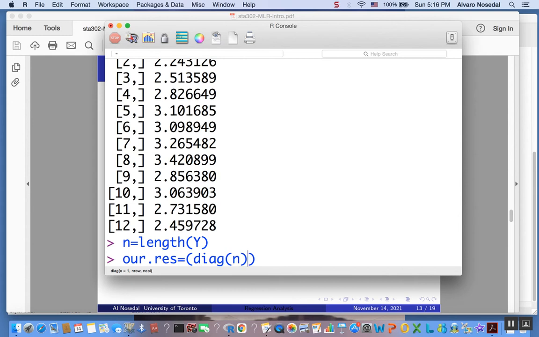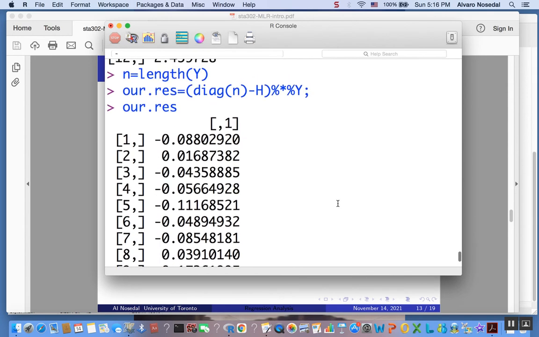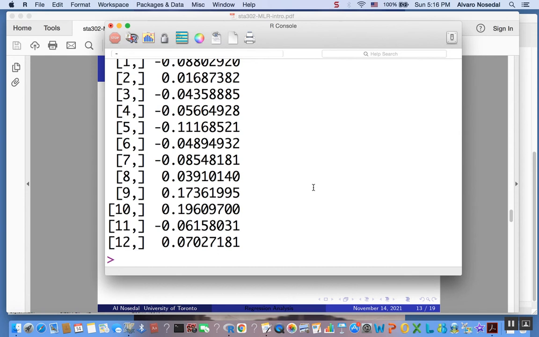So I want a diagonal matrix. n is going to be 12 here because that's the length of my observed vector. And then I already created that matrix H, and then all I have to do is multiply the observed vector y. This would be I minus H times y. Okay, so let's see, 12 by 1 vector. Good, good, good. So we got our residuals using that.